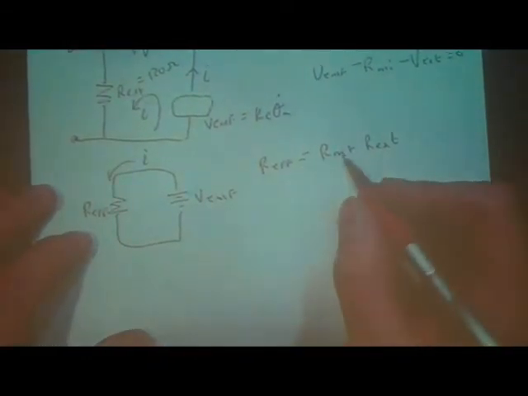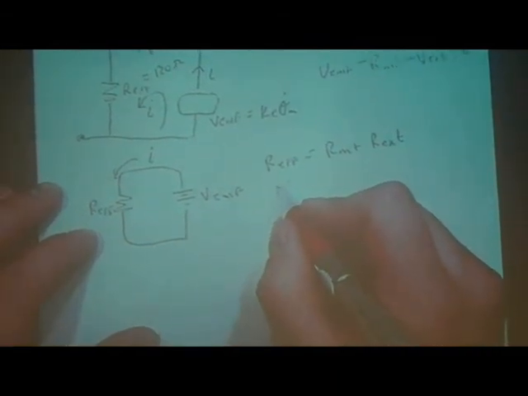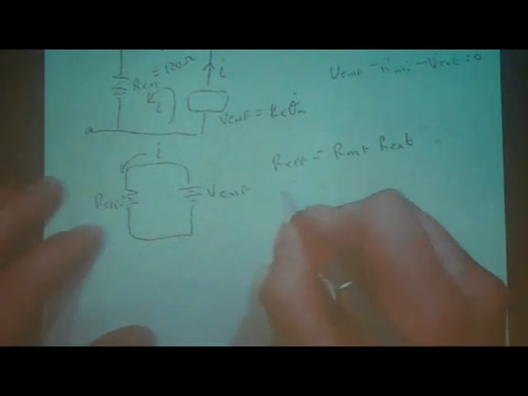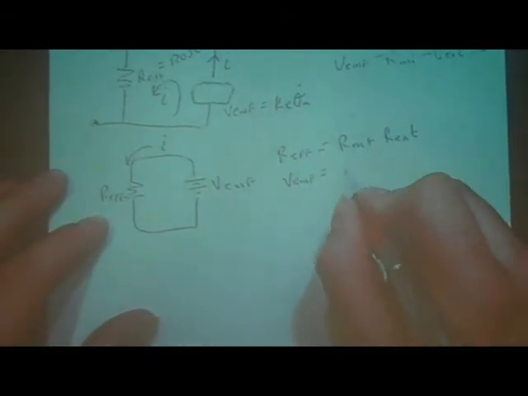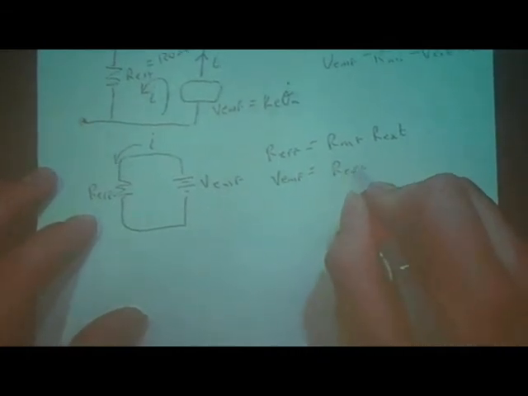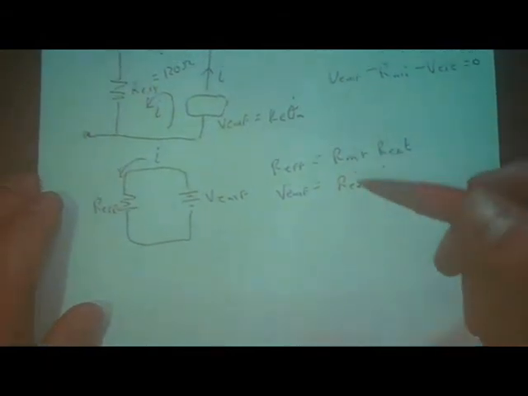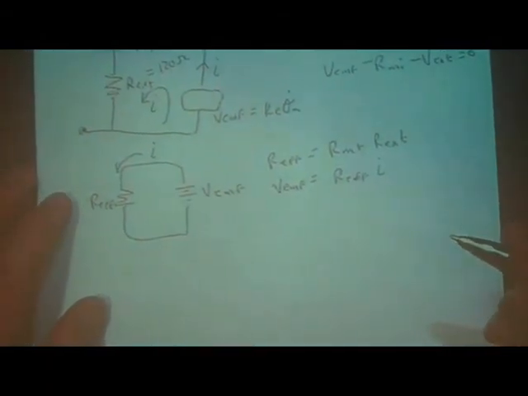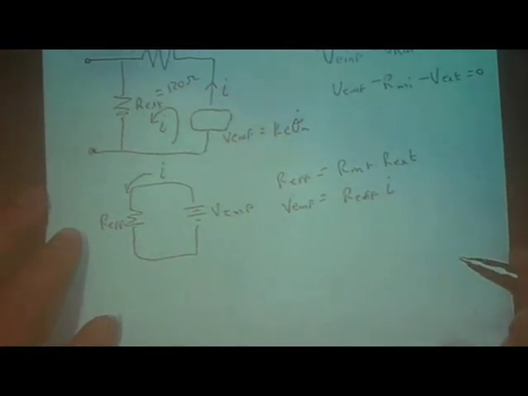Then that simplifies down. Oh, there's also the voltage drop equation: VEMF equals R effective times I. Yep, very good, Rocky. That accounts for both the resistors that you combine together. I see.